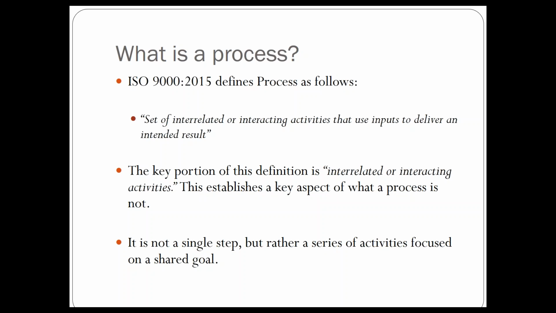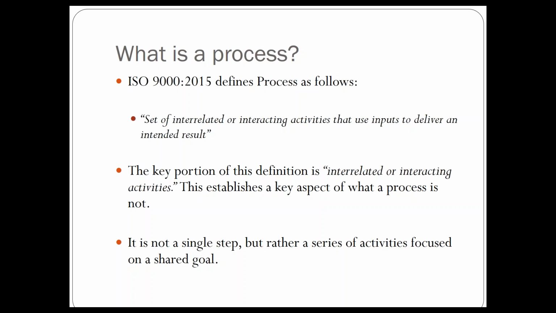So let's continue now with a review of how process is defined. For this, we look to the ISO 9000 document. 9000, of course, is fundamentals and vocabulary. And the sanctioned definition for process is a set of interrelated or interacting activities that use inputs to deliver an intended result.